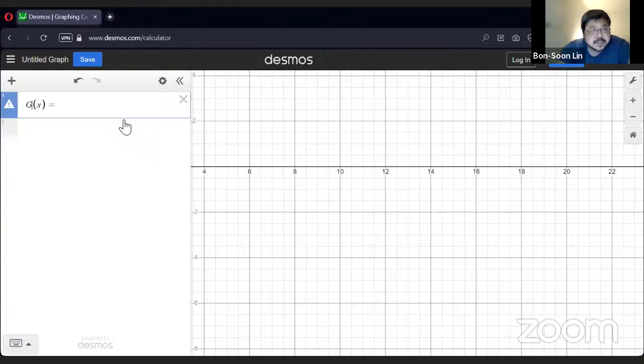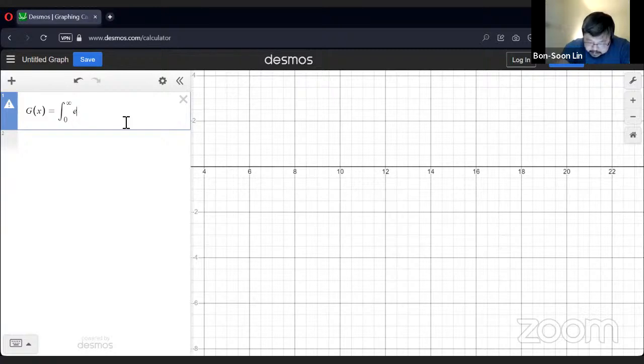I'll type g. The integral from 0 to infinity of e to the negative t, t to the x minus 1 dt. Okay, so this is a gamma function.